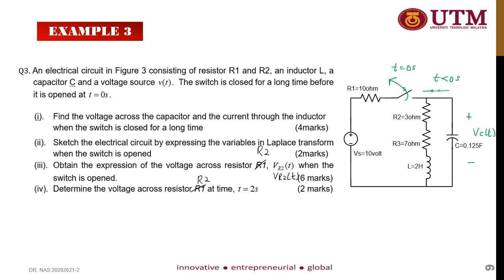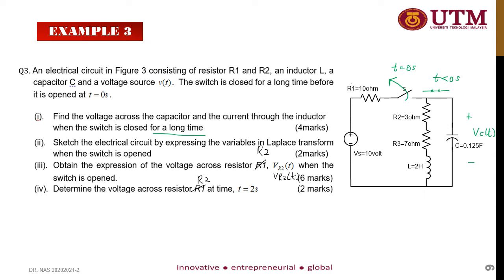When there's a statement of for a long time, it means the circuit reaches steady state condition in which the inductor and the capacitor may act as something else, before the switch is opened. Second question, sketch the electrical circuit by expressing the variables in Laplace transform when the switch is opened at t equal to 0.